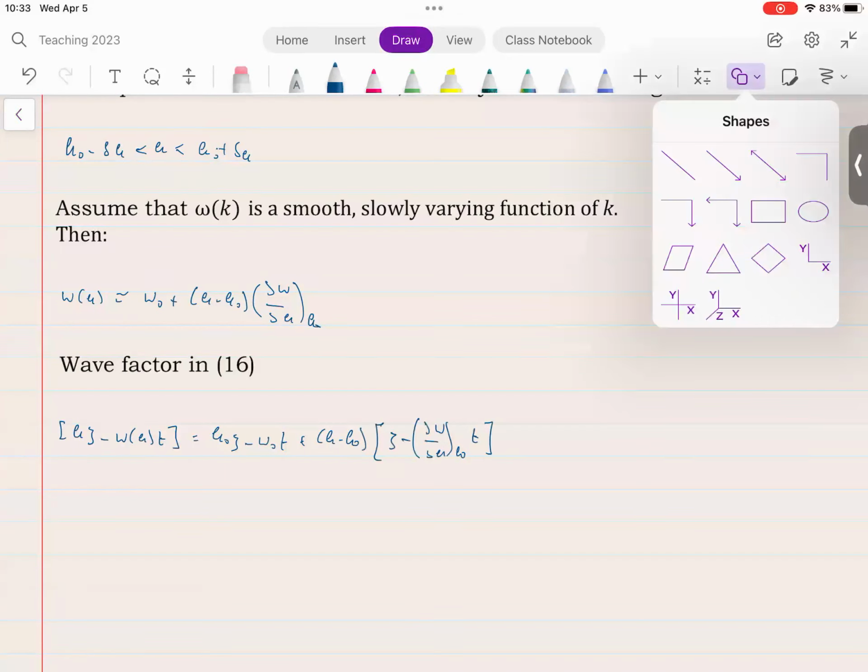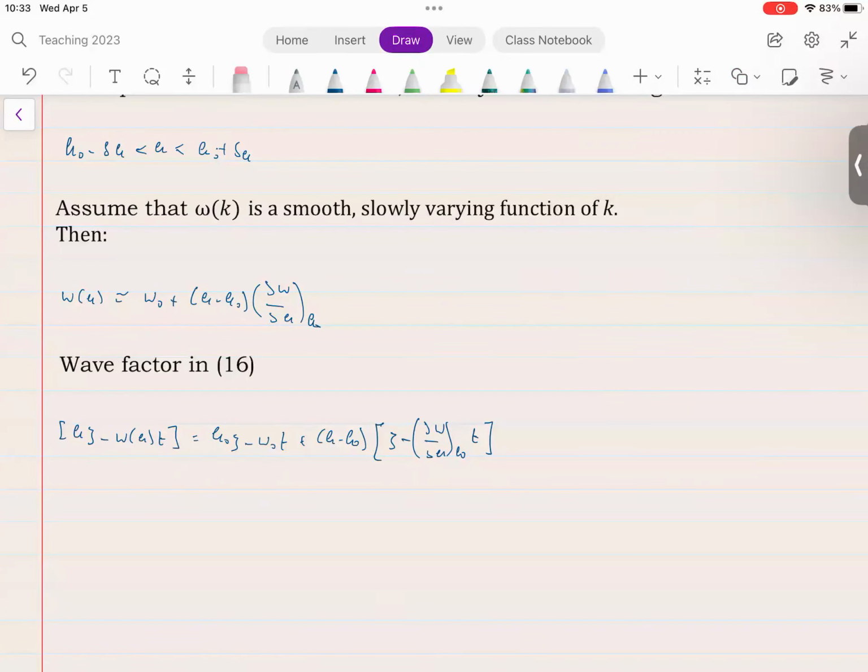From which I can say, well, I see what's happening here. I have this factor.